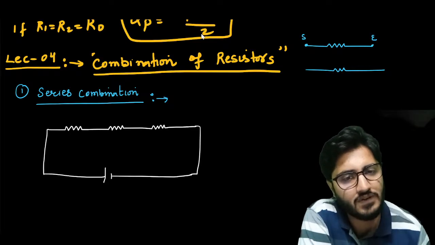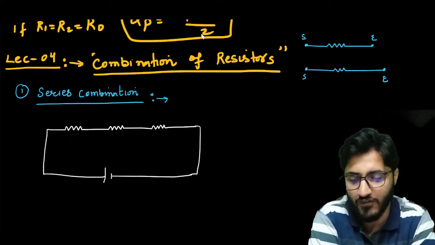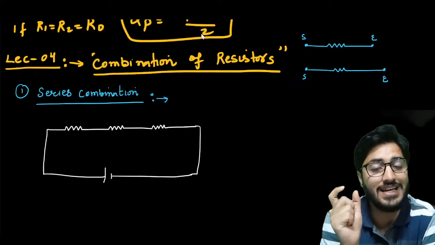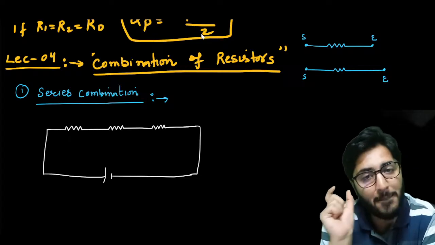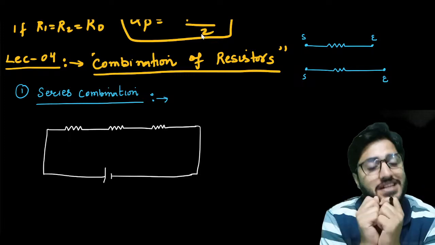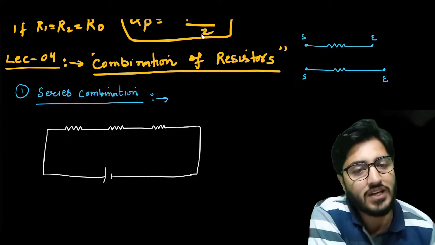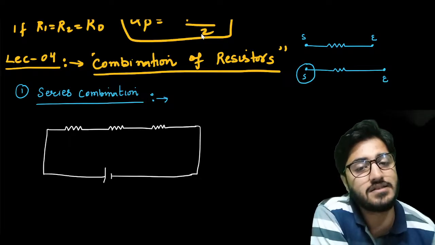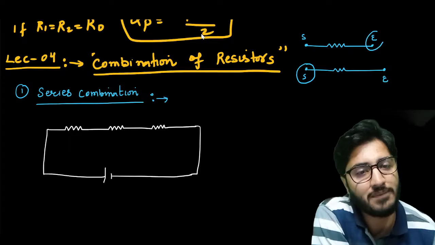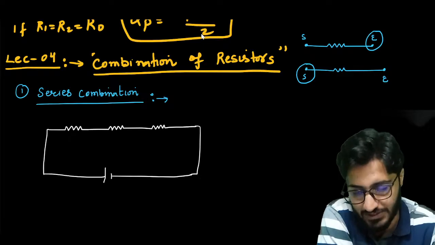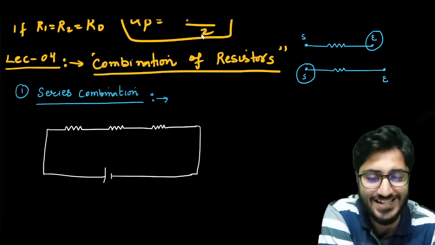If we connect the resistors such that the second one is connected after the first one, that is, the starting part of the second is connected with the ending part of the first, this type of combination is known as series combination.